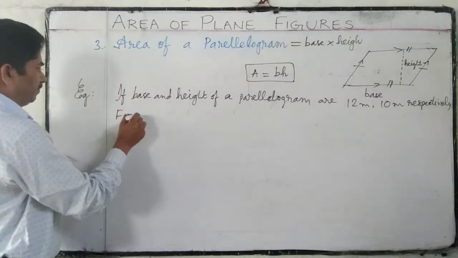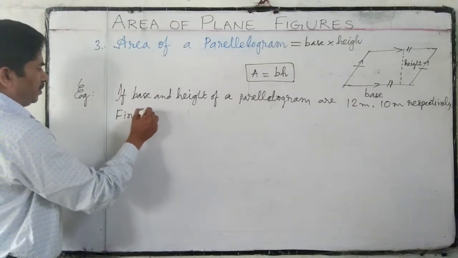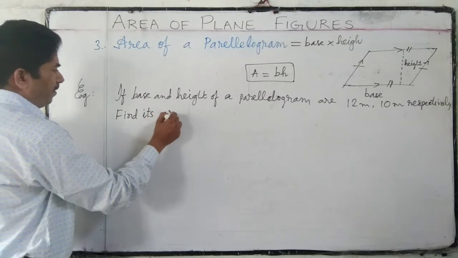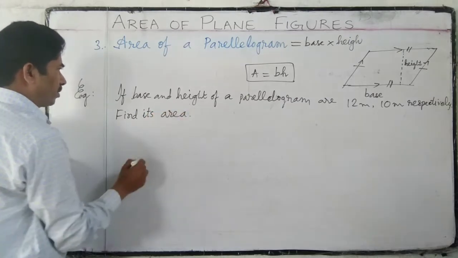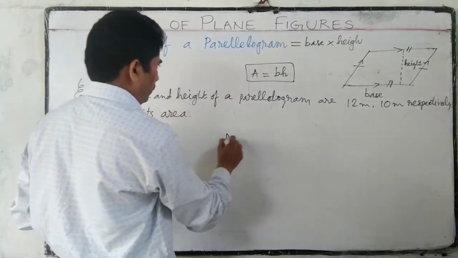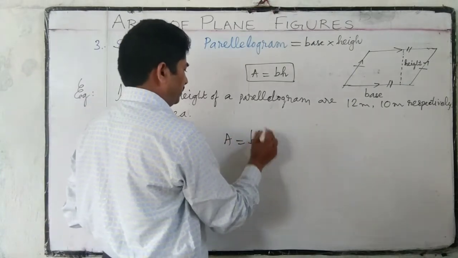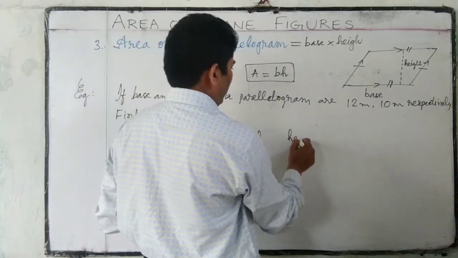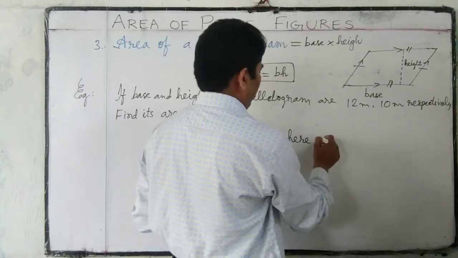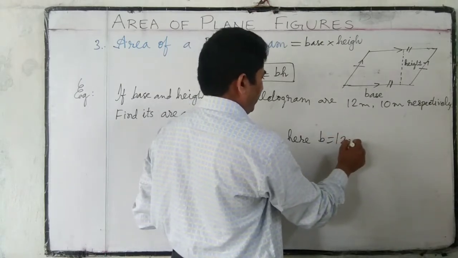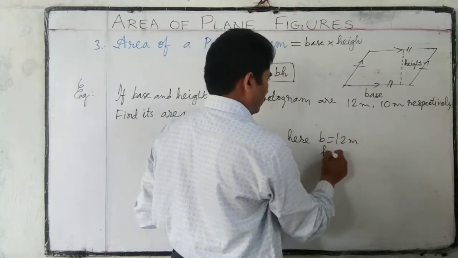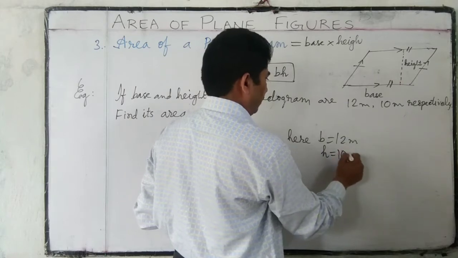Find its area. So area is equal to BH is the formula. Here base is given 12 meters and also height is given 10 meters.